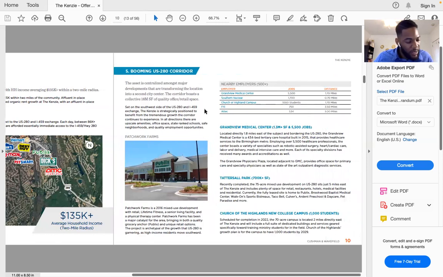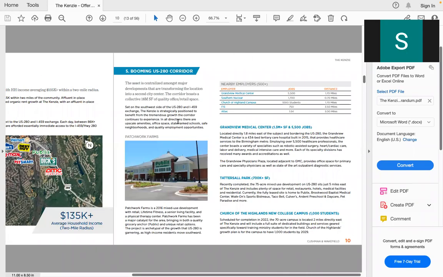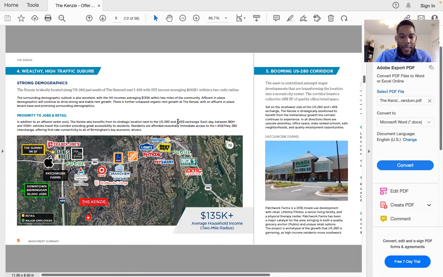Let's look at page 10. Just a question. I just ran this city in the U.S. Census, and the average is like 67K for average household, right? Average nationwide household. In that city, I know 135 is really high.